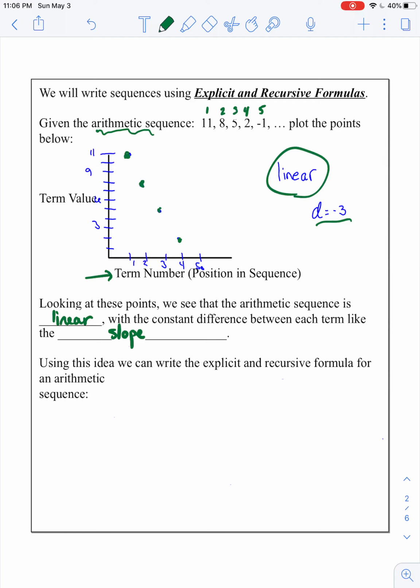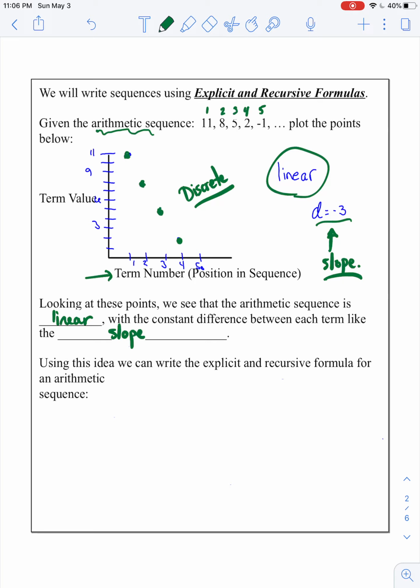Essentially that constant difference is like the slope of this line. It's just that we're not connecting the dots. They are just dots because they are just terms in the sequence, so you just leave them as dots. In mathematics, that is known as a discrete graph. Discrete means just dots, not connected.